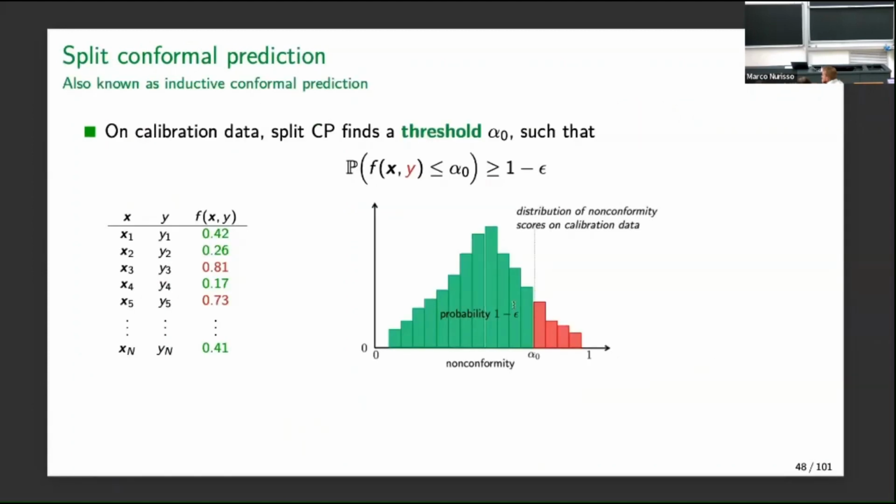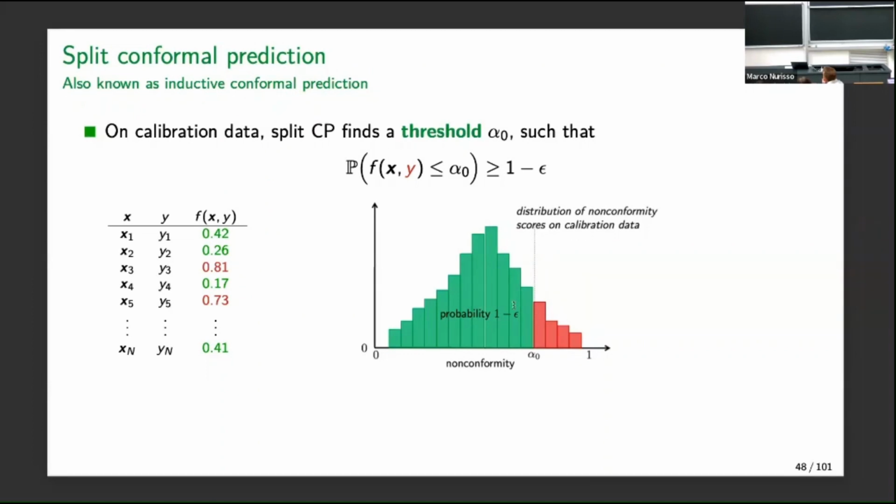Then as a next step, on a validation data set, you're going to look at the distribution of those nonconformity scores. I have here a validation data set of endpoints. For each of these endpoints, I take the true label, since it's a validation data set and I know the true labels. I compute those nonconformity scores, and I build up the empirical distribution of those scores.